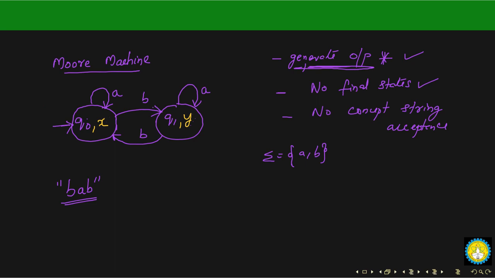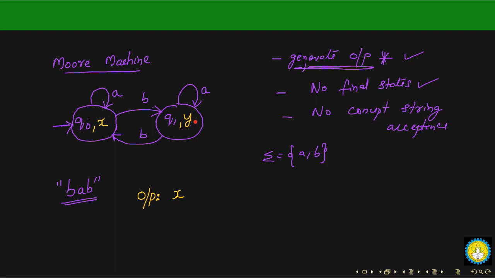So even before you start to process your string, let me make it very clear, I'm going to write the outputs here: your output will contain X. Now what happens once this machine processes B? B is the first character in our string. When it sees a B, the shift is from Q0 to Q1.